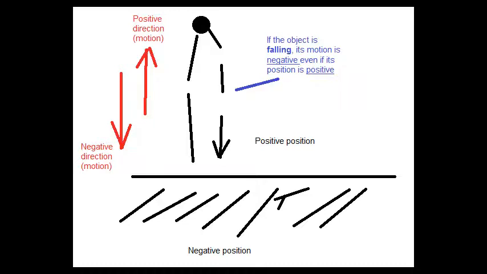Exactly, so I set that up at the beginning. If every problem were super explicit, it would start by saying, assume the positive x direction represents positive velocity. But it's not going to say that every time.